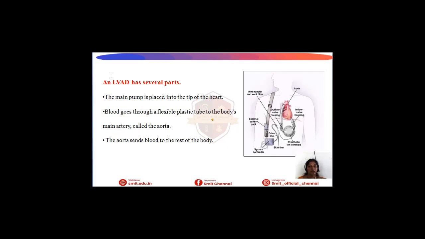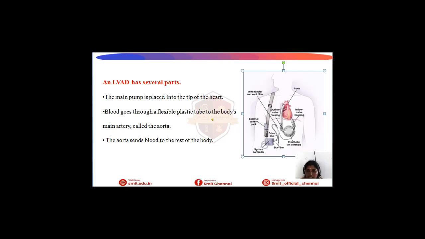These are the parts of the LVAD. The main pump is placed in the tip of the heart here, and the blood flows through the plastic tube of the LVAD and goes to the body's main artery called the aorta. From the aorta, blood is sent to the rest of the body.